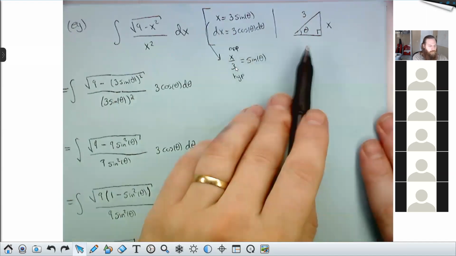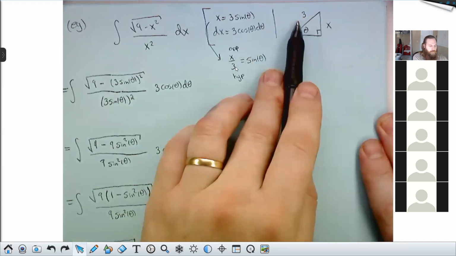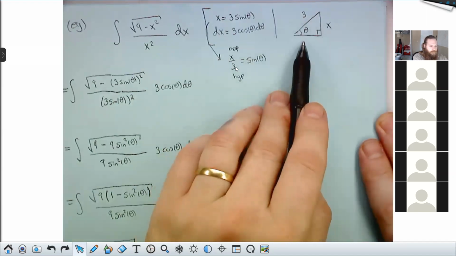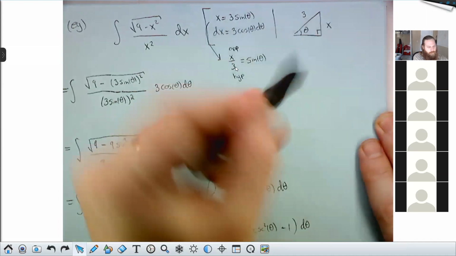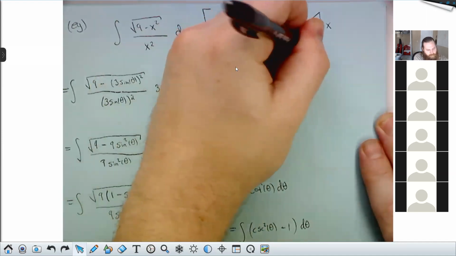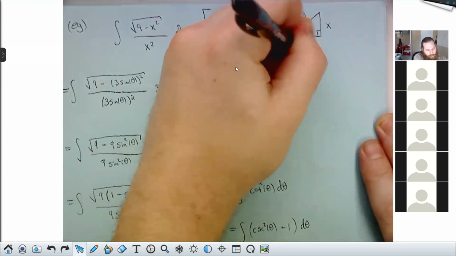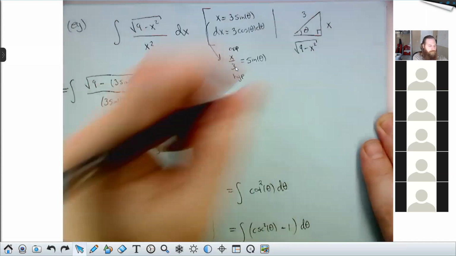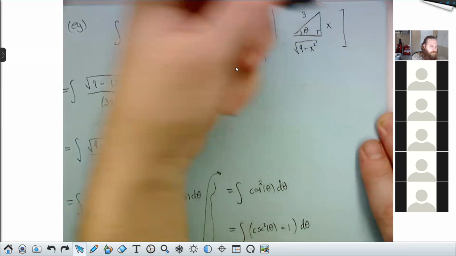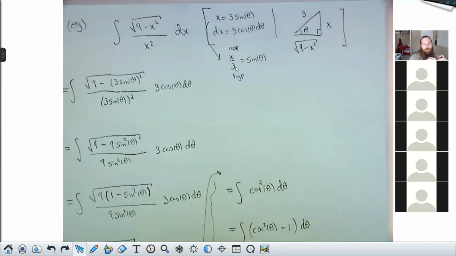If this squared plus this squared equals this squared, then this guy is the square root of this squared minus this squared. So this missing side is the square root of 9 minus x squared.